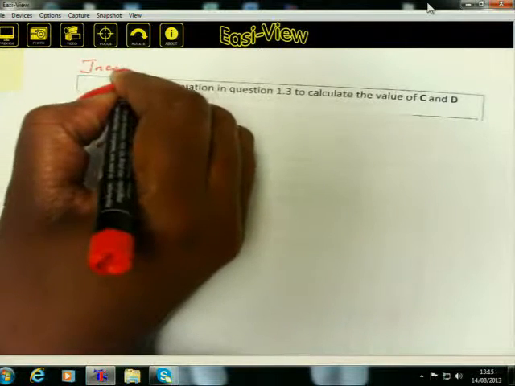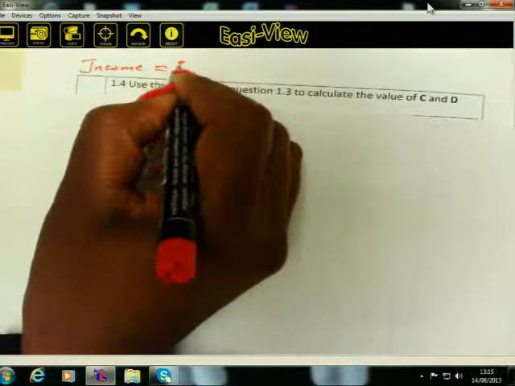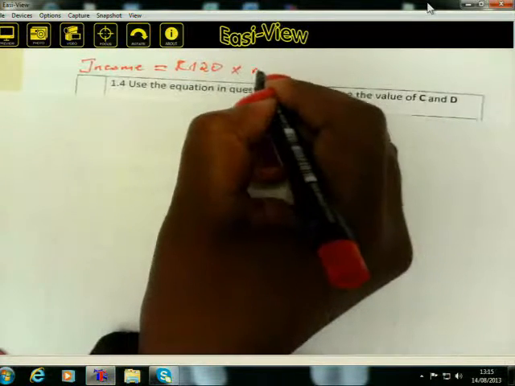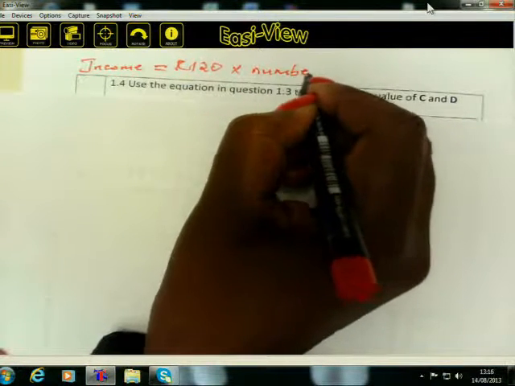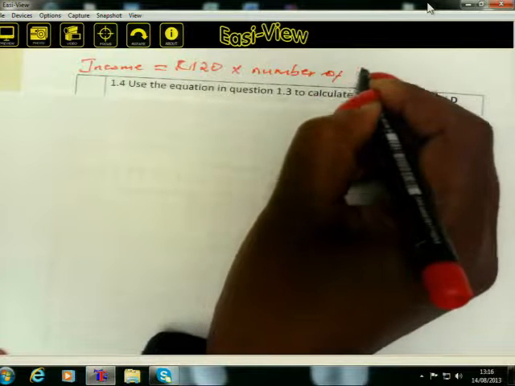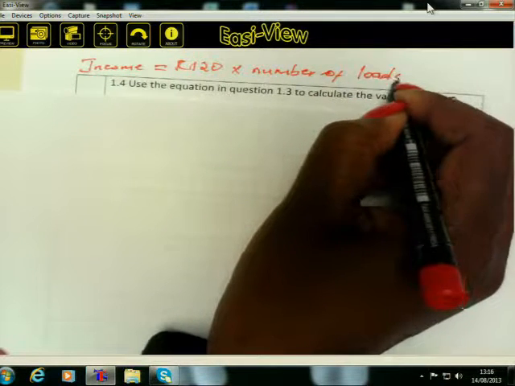1.4. It says use the equation in 1.3 to calculate the value of C and D. Remember the equation was income is equal to 120 multiplied by number of loads.